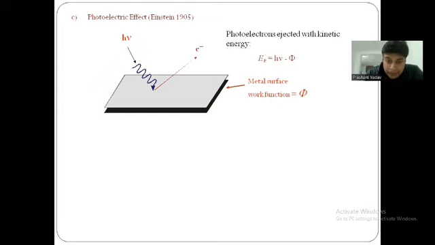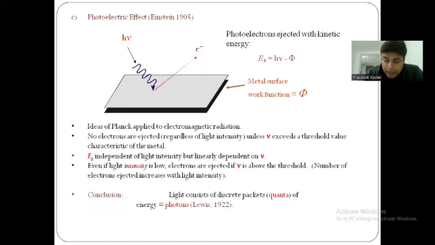This phenomenon is known as the photoelectric effect, where h nu is the energy of the incident photon and phi is the work function of the metal surface. So when the photon is incident on the metal surface, it spends some energy on the work function, and the remaining energy is taken by the electron as kinetic energy.